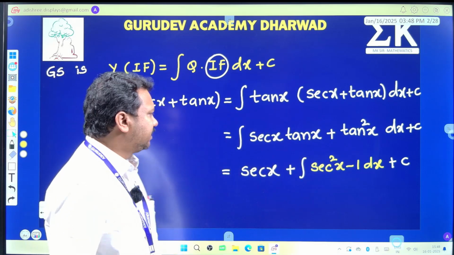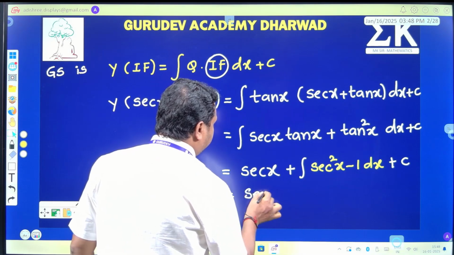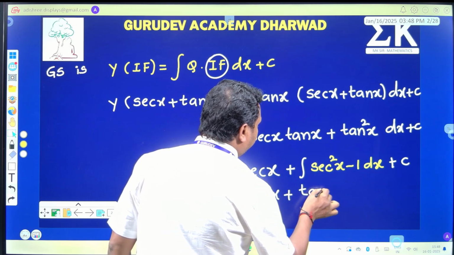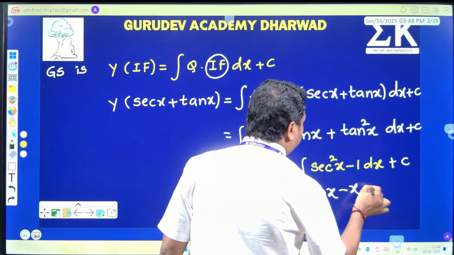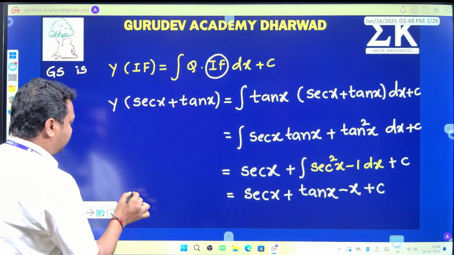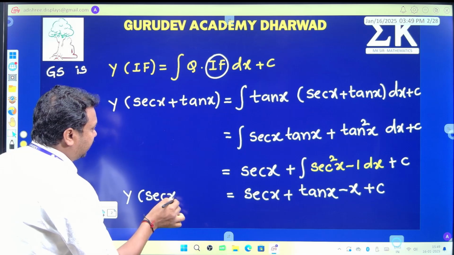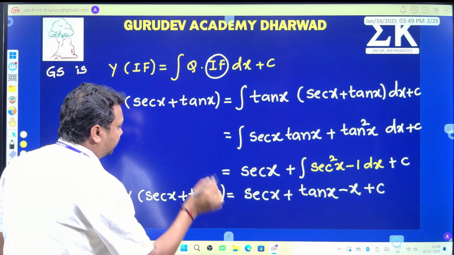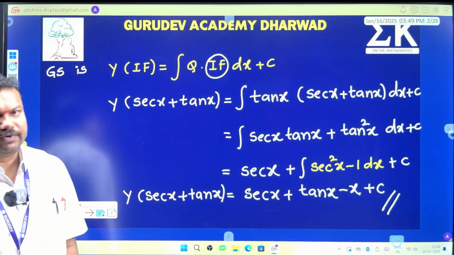Now integrating the second term: secant x as it is, plus the integration of secant square x, which is tan x, minus the integration of 1, which is x, plus c, and the left-hand side is as it is, y times secant x plus tan x. So that becomes the general solution of the given problem, right?